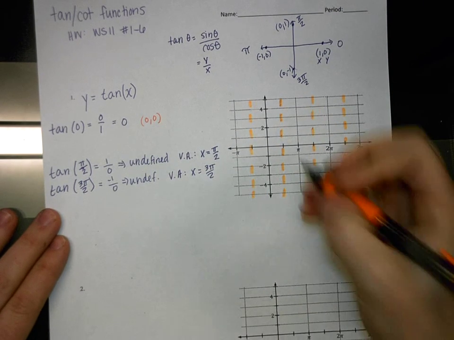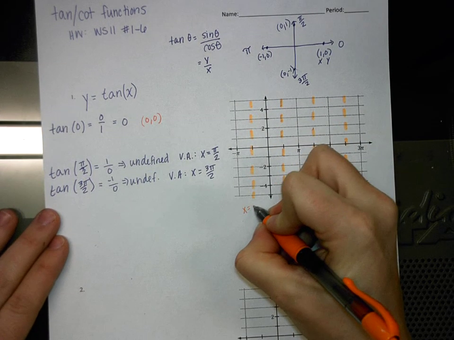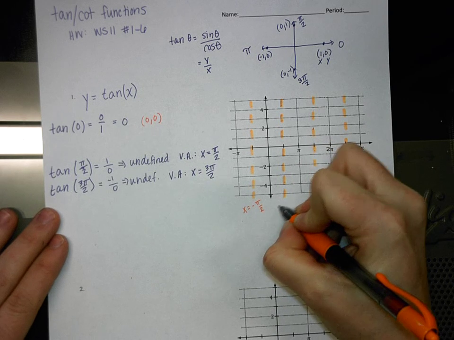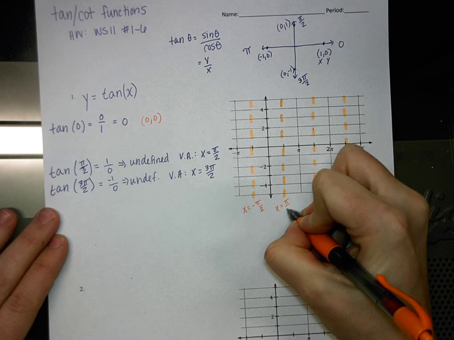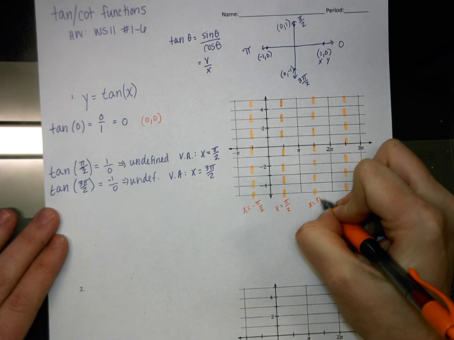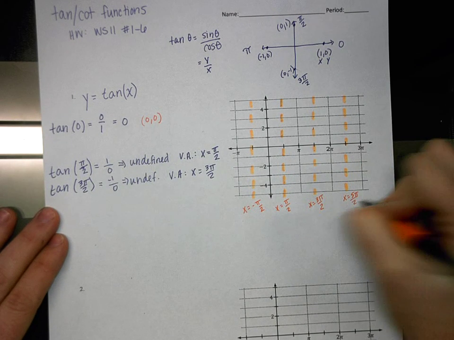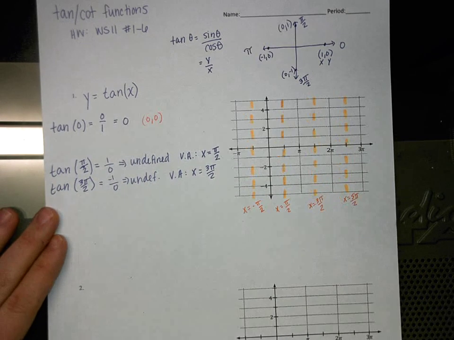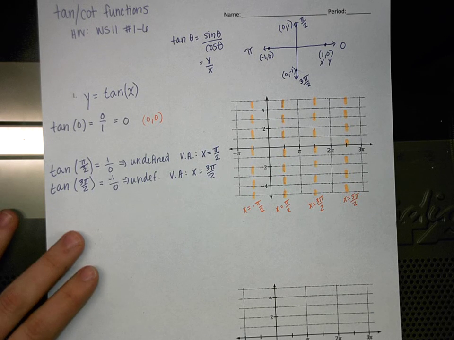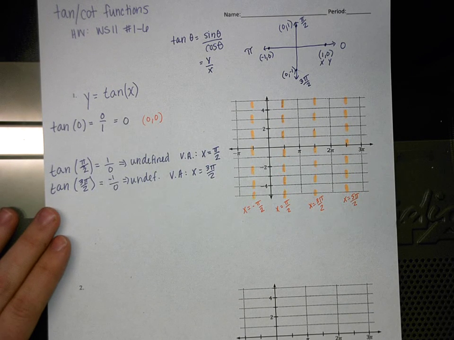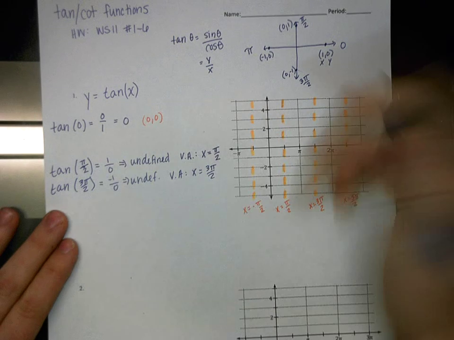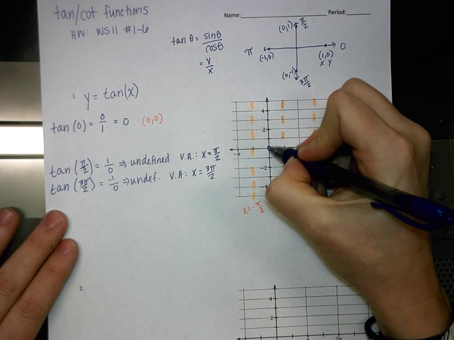So that's all my vertical asymptotes. I know I have a point at 0, 0.